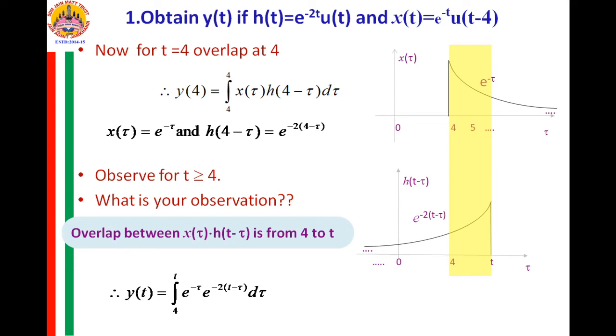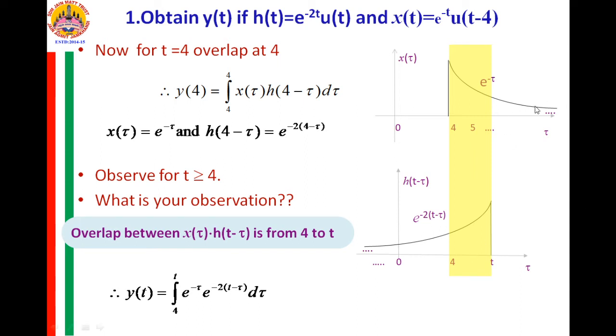So we shall write this integration as y of t is equal to integration from 4 to t. The amplitudes do not change. It is x of tau is e raised to minus tau, h of t minus tau is e raised to minus 2 into t minus tau, d tau. Now we have to evaluate this integration, substitute the limits, and obtain the value of y of t for t greater than or equal to 4.